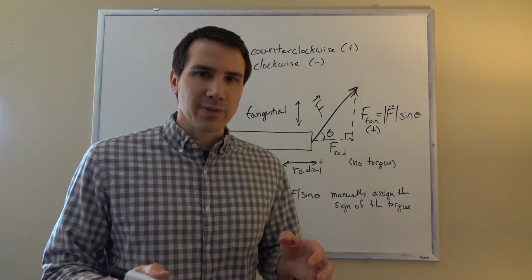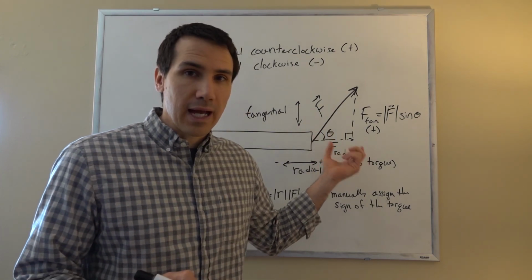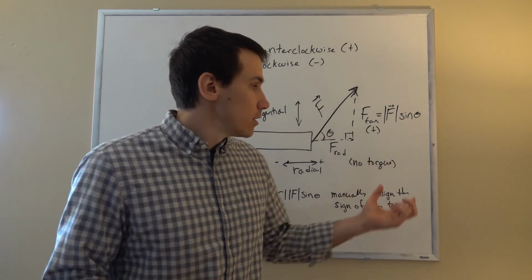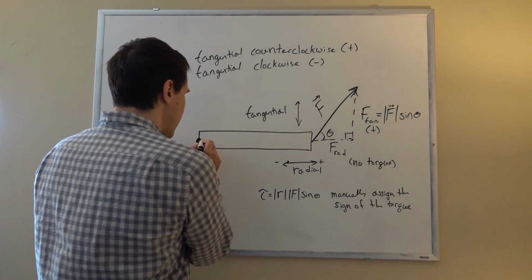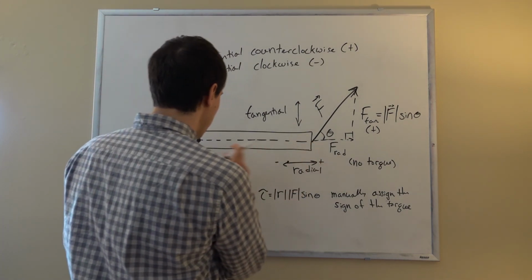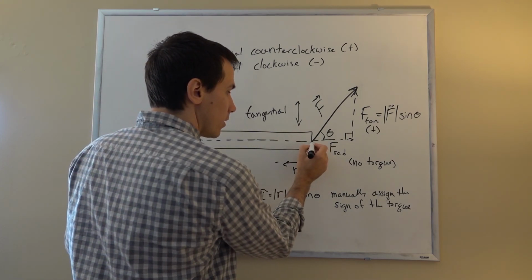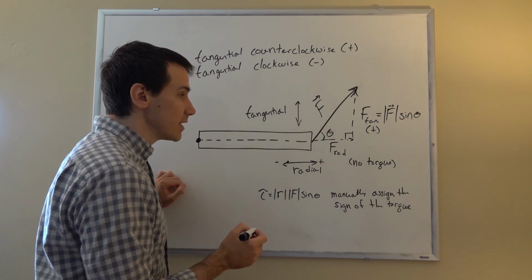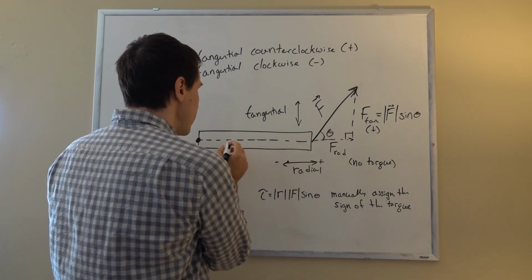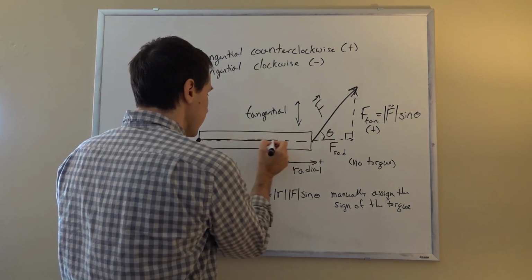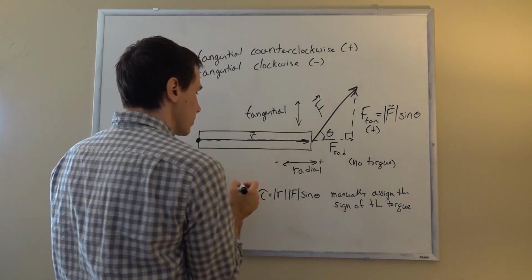Before we move on to another example, let's just quickly talk about what this theta actually means. So if I look here, there's a line that comes from my axis of rotation straight through the point where the force is being applied. And this line here is my radial vector.